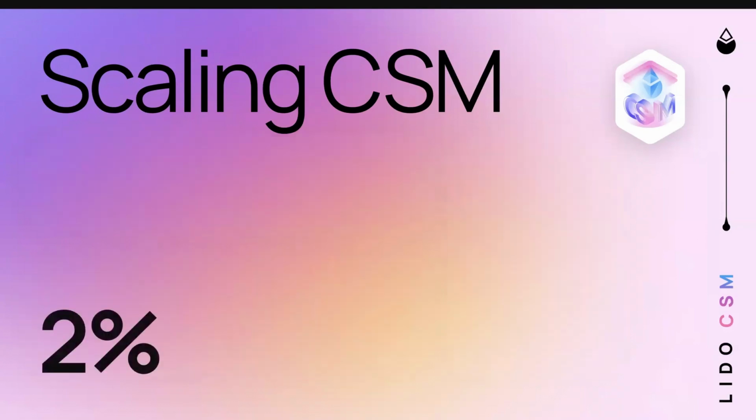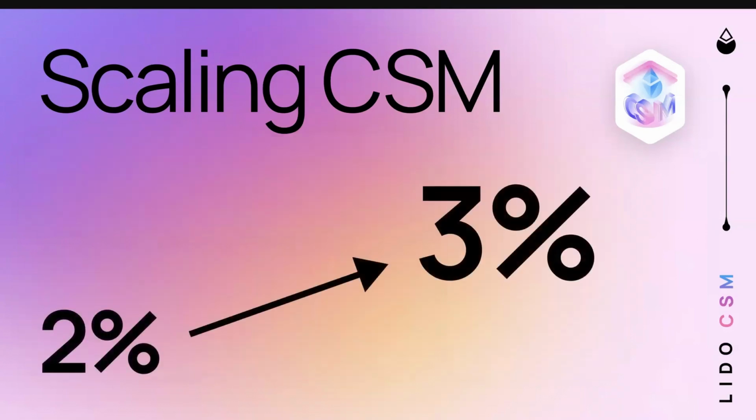And that means that now CSM can move from 2% to 3%. And it will happen right after the scheduled dual governance vote this month, which is heavily prepared now and which would arguably be the largest release Lido has ever seen.